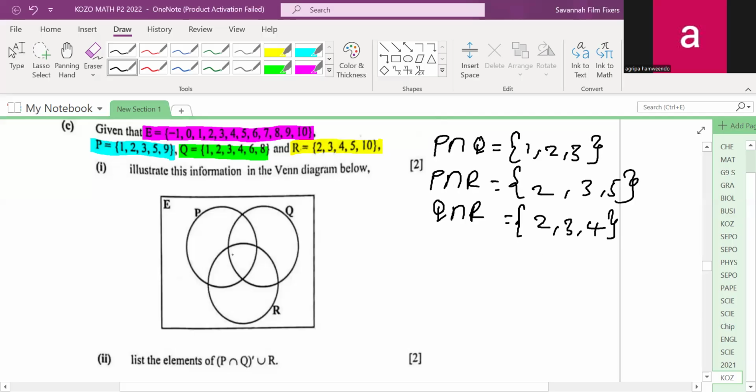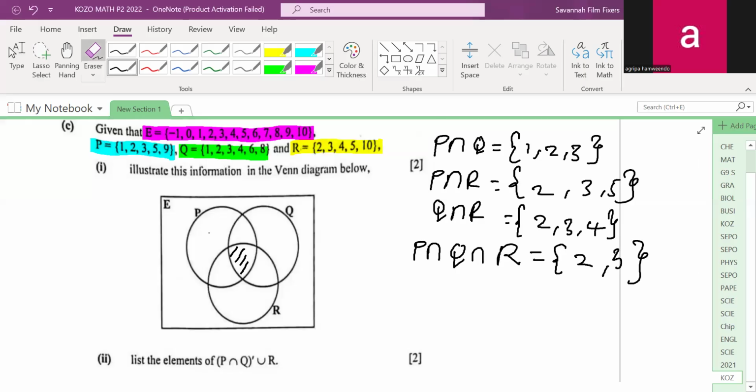Then we have to account for this part here, which is P intersection Q intersection R. There's a 2 in all of them, and a 3 in all of them. Just those 2.